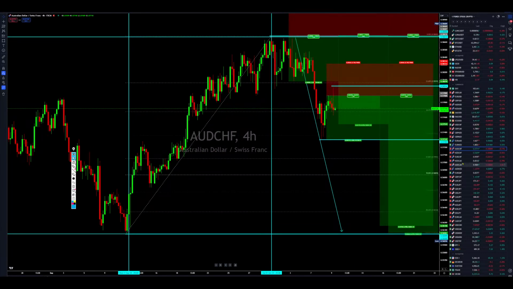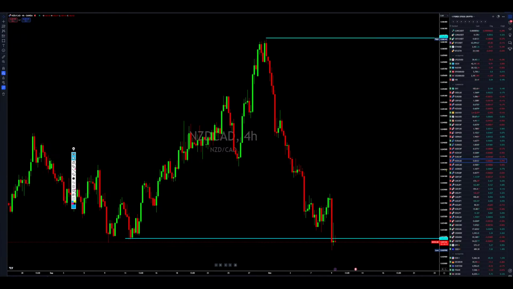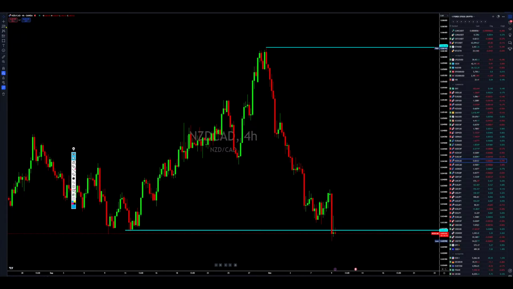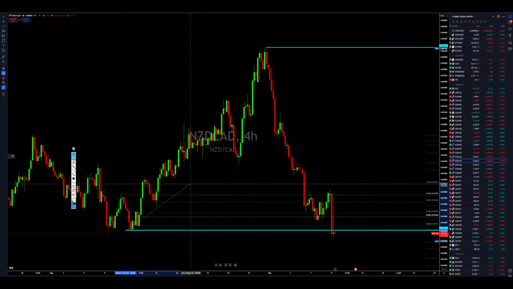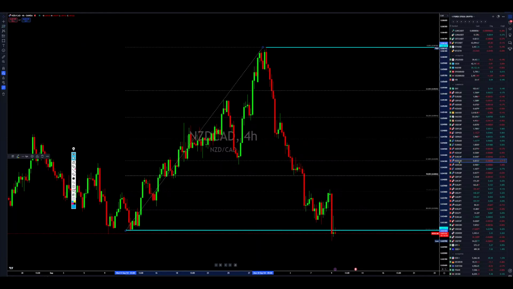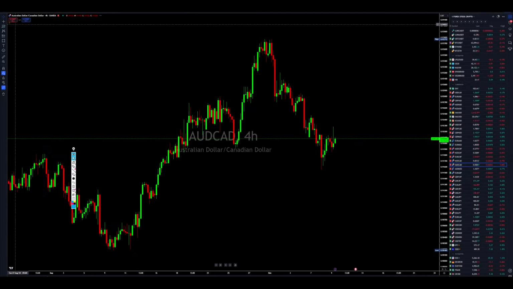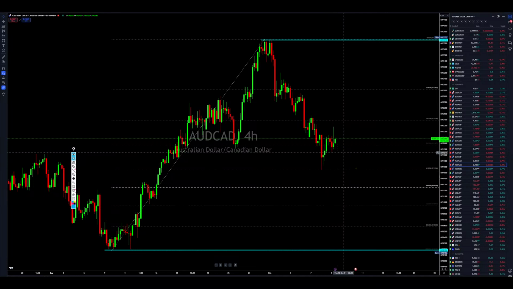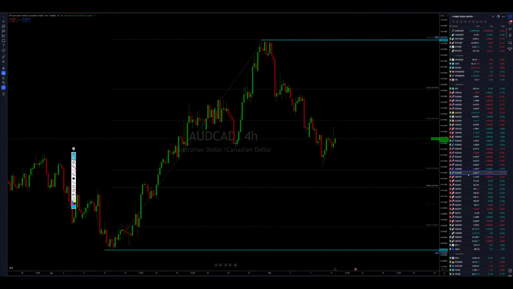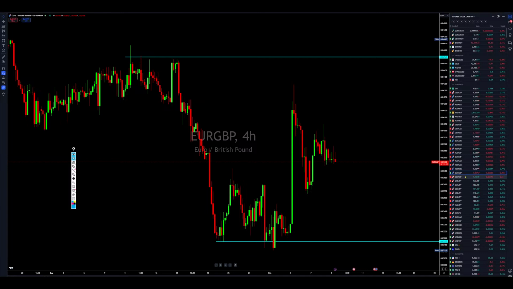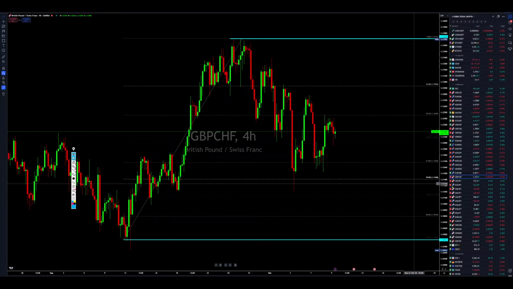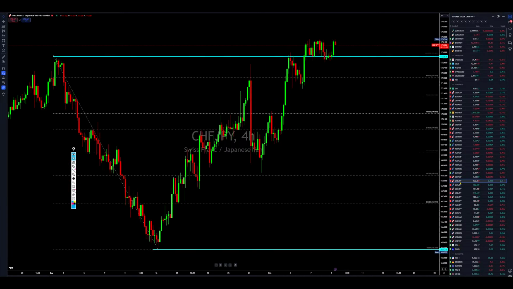Same analysis here, broken down into easy 3 steps: highs, lows, fib lines, and we get the idea of which is lagging and which is leading. Again, highs, lows and fib lines, and we know which is lagging. Euro pound is also lagging, but I'm going to ignore that. Pound chief is also going to be lagging, and I'm going to ignore that. So for yen pairs, you're watching this.